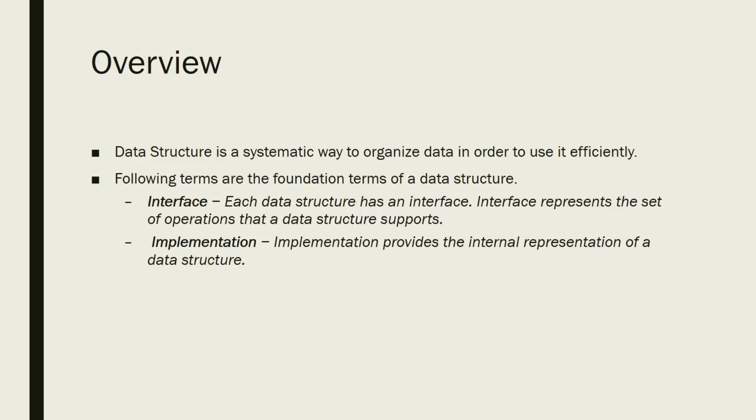An interface only provides the list of supported operations, the type of parameters they can accept, and the return type of these operations. Another one is the implementation, which provides the internal representation of the data structure. Implementation provides the definition of algorithms used in the operations of the data structure.